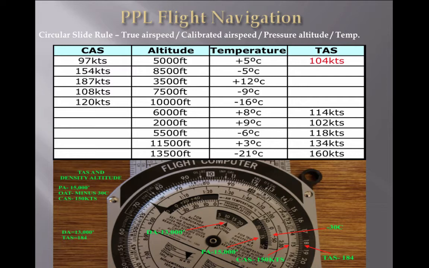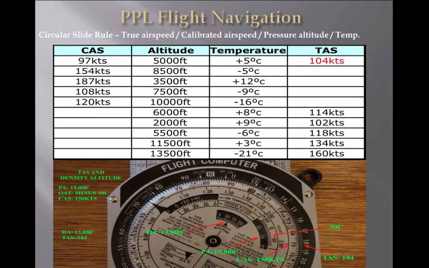So we've got 8,500 feet of pressure altitude, and again we've got this time a negative 5 degrees. So we take 8,500 on the bottom scale, and we do 1 notch to the right of the 0 because it's a negative, and we marry that up.